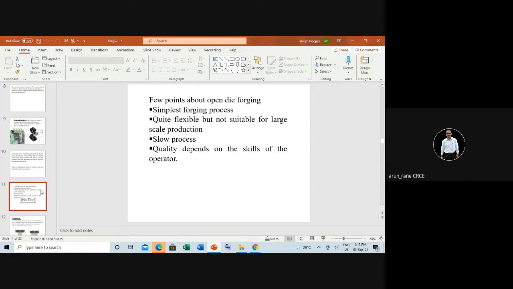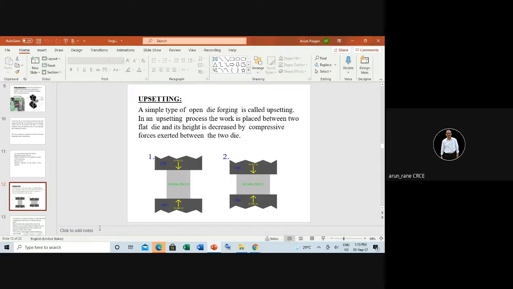Closed dies are expensive. The simple type of open die forging is called upsetting. Here the work is placed between 2 flat dies and its height is decreased by compressive forces.